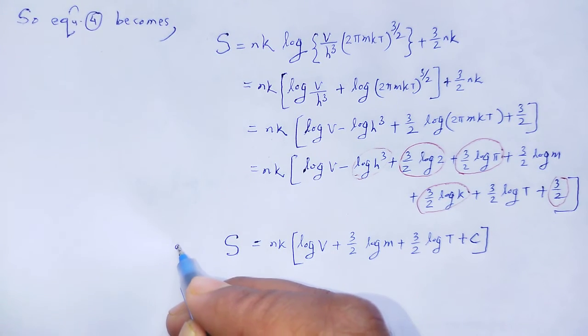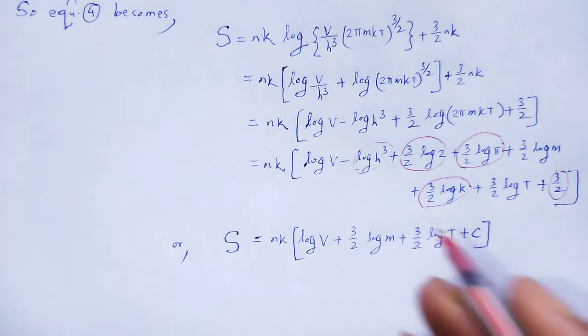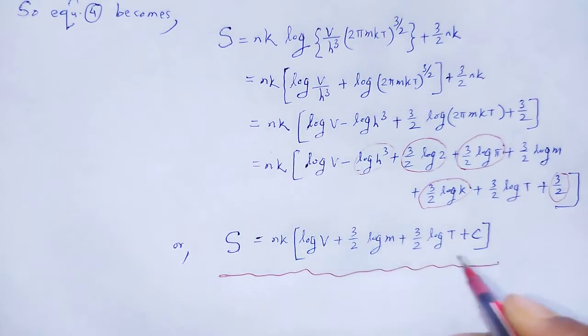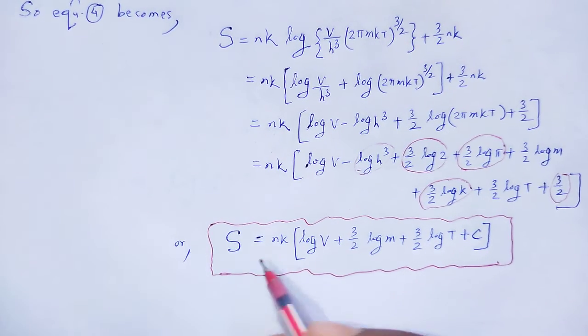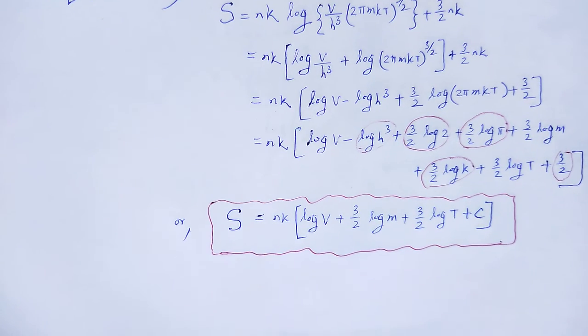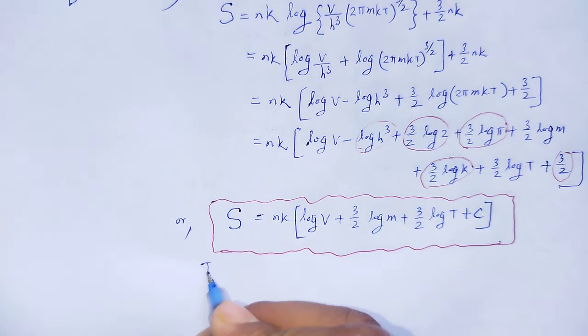So S now written as this, and that S is the expression for entropy, which is called classical entropy expression.